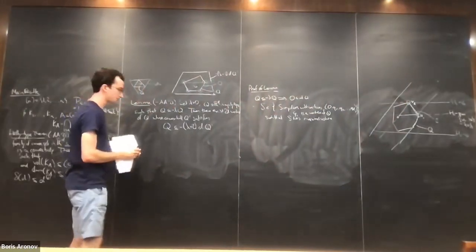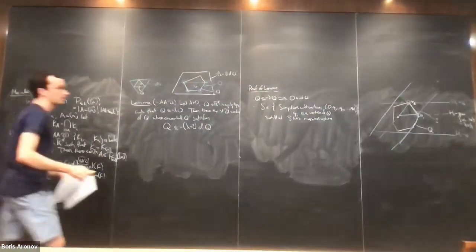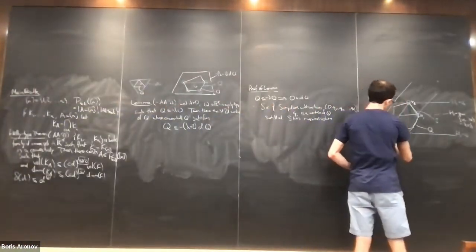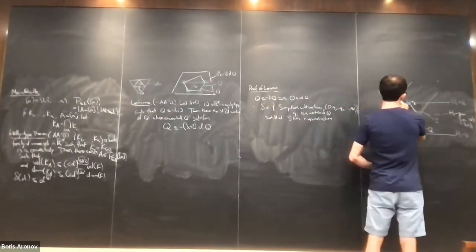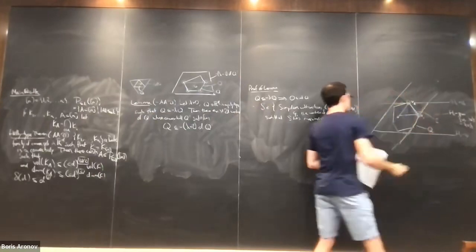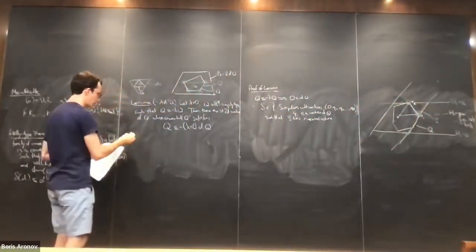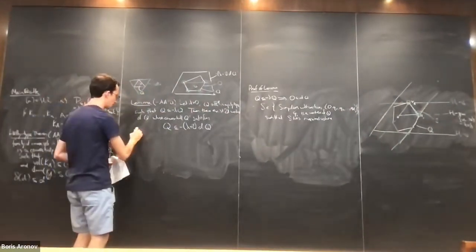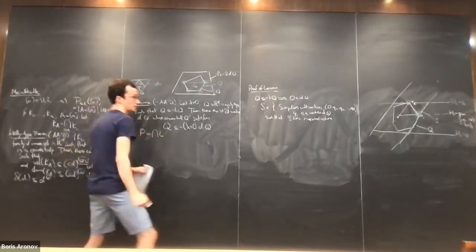Here's another color. Q lies inside the intersection of these two strips, which looks like a parallelogram in 2 dimensions, but in higher dimensions, it's a parallelotope, which is an affine image of a cube.